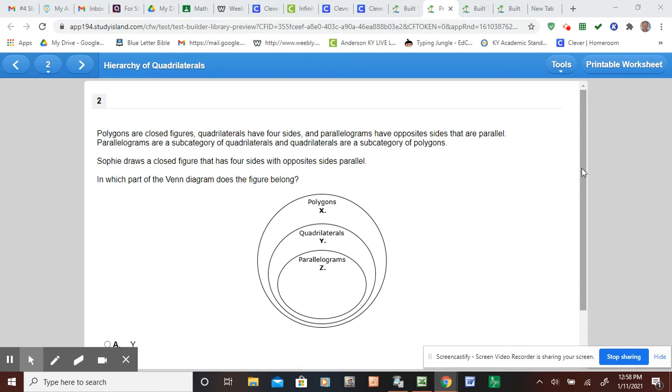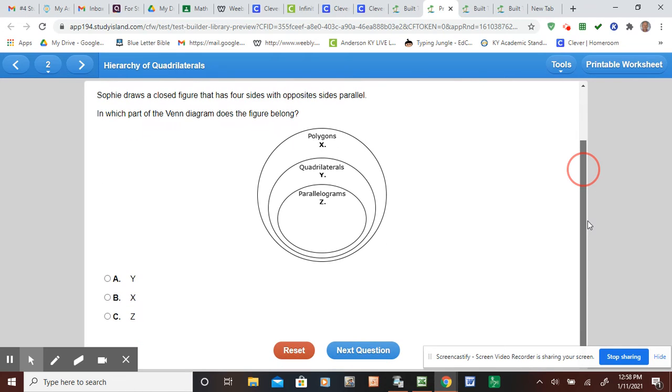Because all of those are polygons. If it has four sides, it's a quadrilateral. So it's at least in the Y circle. And since it has opposite sides parallel, that's a parallelogram. So that belongs in Z. Z would be the correct answer.